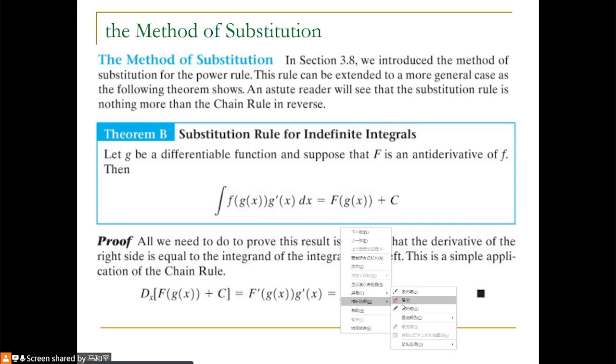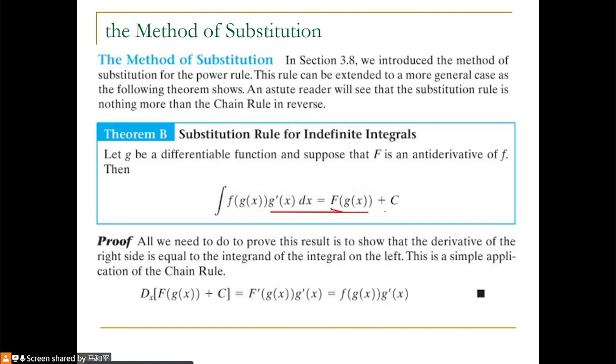This is d/dx of F(g(x)) plus c, and by the chain rule it is F'(g(x)) times g'(x). F'(g(x)) is equal to f(g(x)) because F is an antiderivative of f. So we write this as f(g(x)) g'(x). And then we finish.